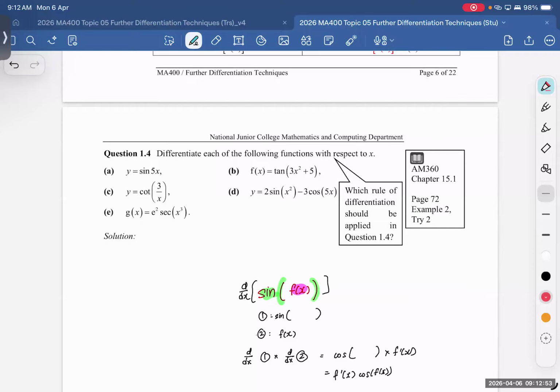Okay, look at the answer. That's on the board.